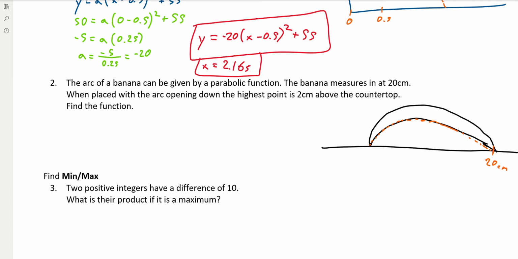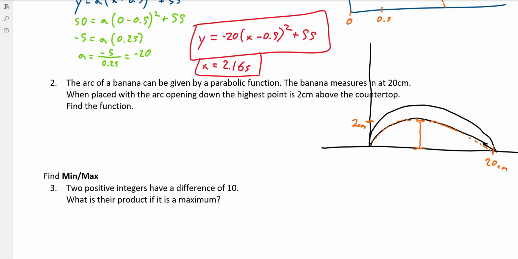And the highest point above, this is clearly not to scale, is 2 centimeters above. So now what we can do, which is quite helpful, is we can draw a straight line up, and we can actually mark that this point is 2 centimeters.